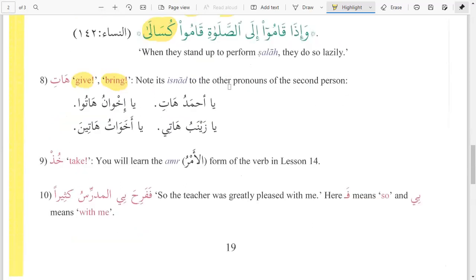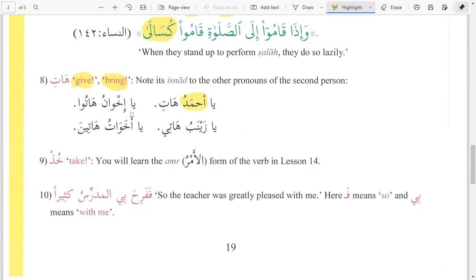Note its asnad to the other pronouns of the second person. Ya Ahmadu hati. O Ahmad, give me. Ya Ikhwanu hatu. Ahmad is singular, second person, muhatib.